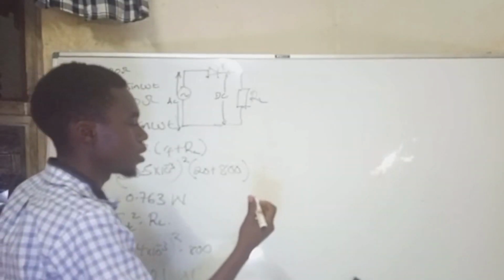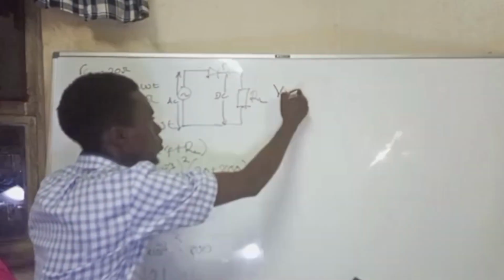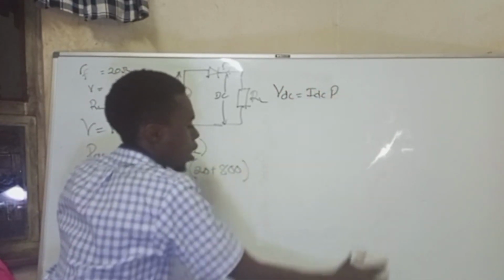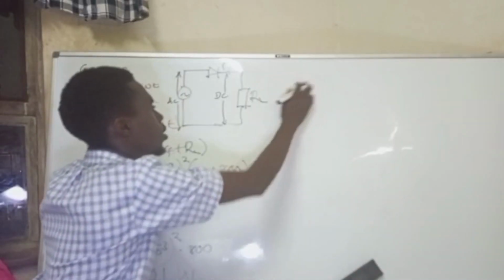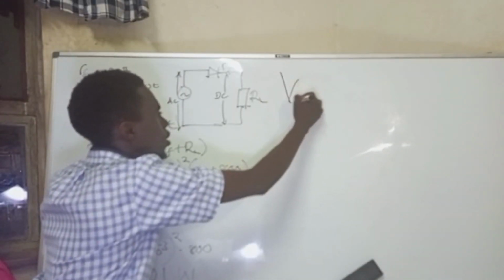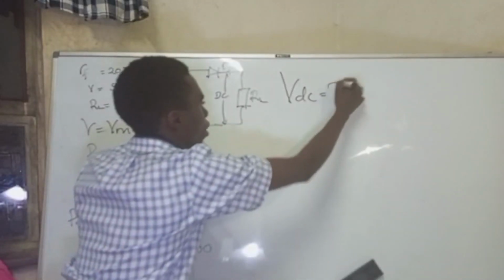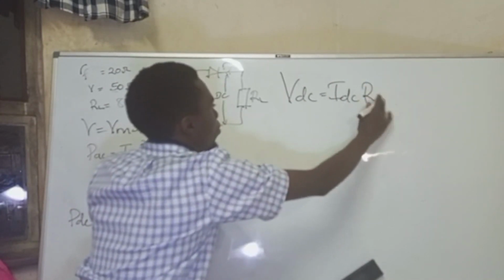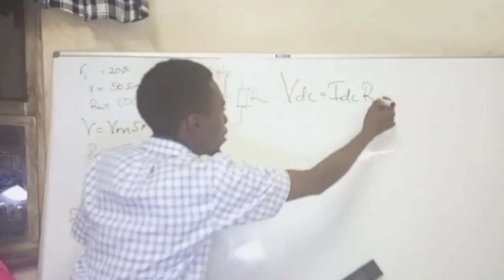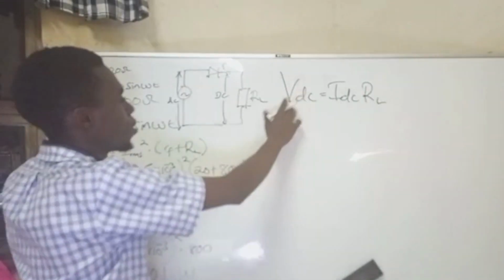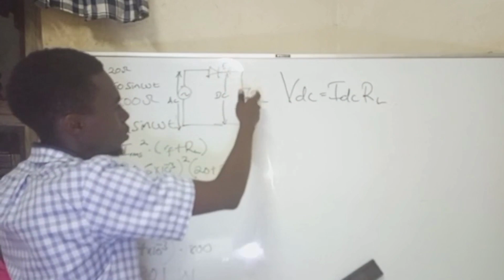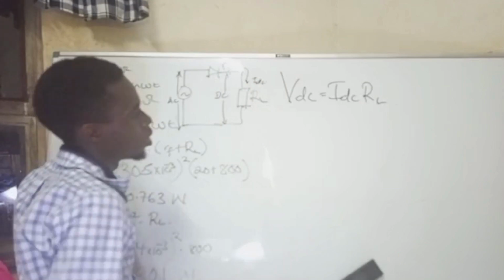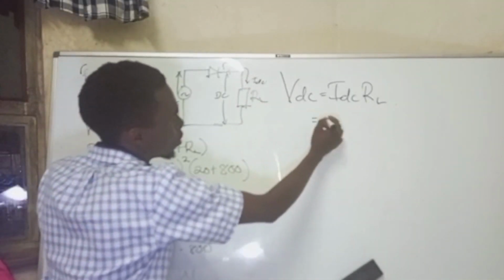So clearly our VDC is equal to IDC times R. But R is not DC or AC, so it is R load. Our VDC is the voltage across this resistor, and the current flowing through this resistor is my IDC. So that is simply the same theorem.